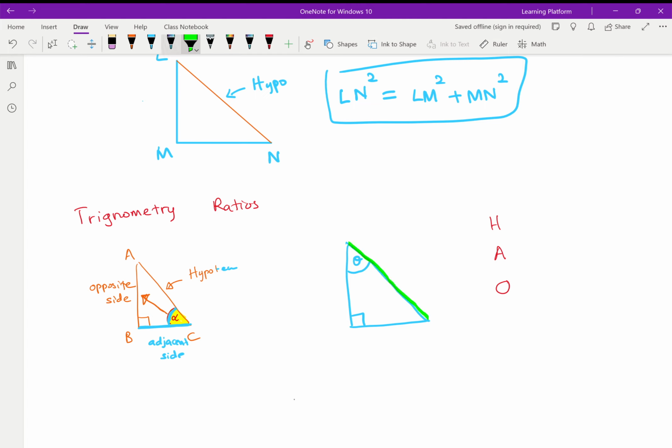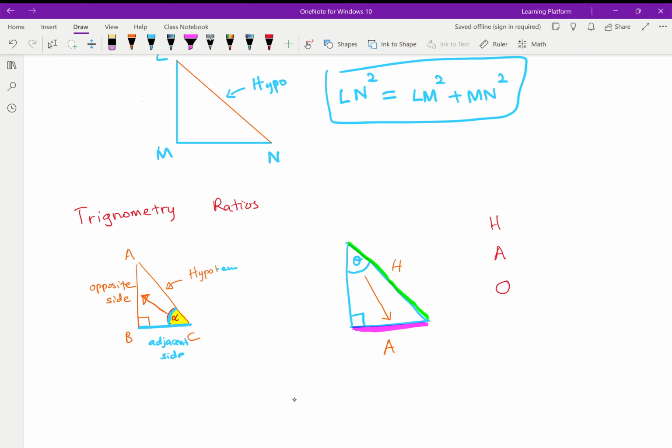That is hypotenuse. How to get the opposite side? Opposite side is the side which is opposite to the given angle. Now I am coloring that with pink color.